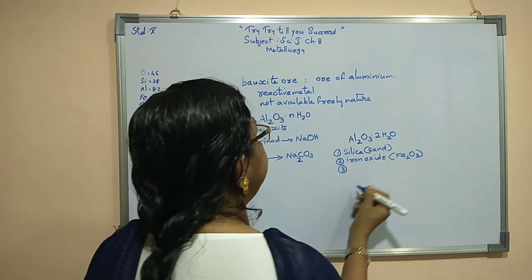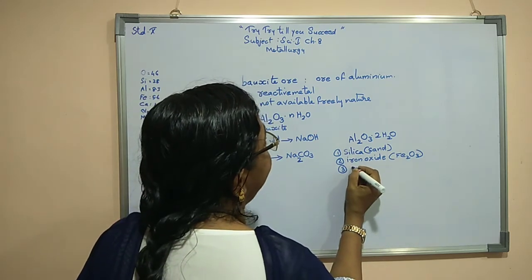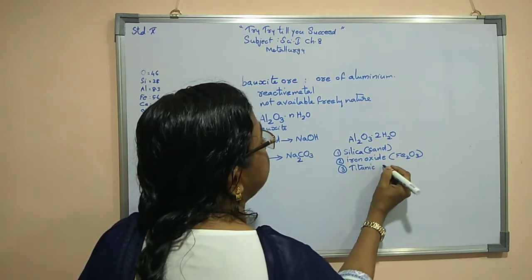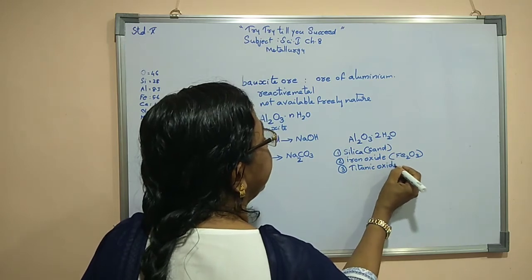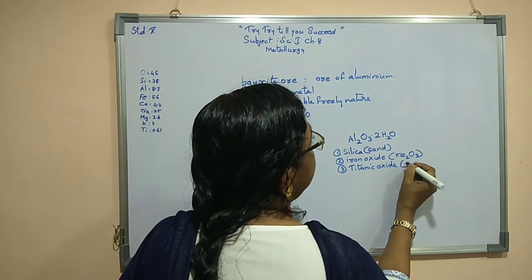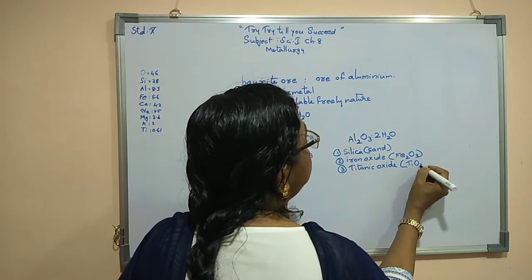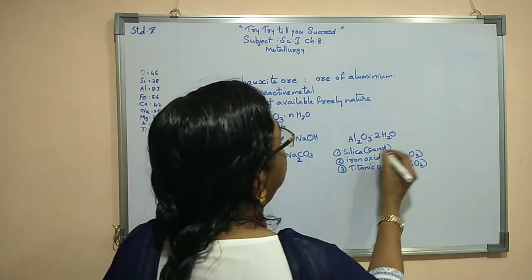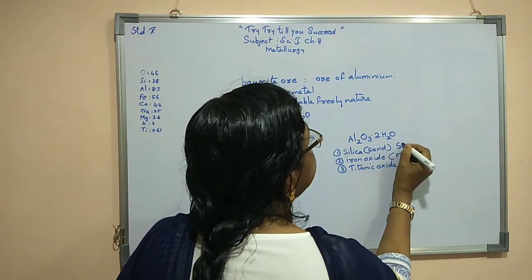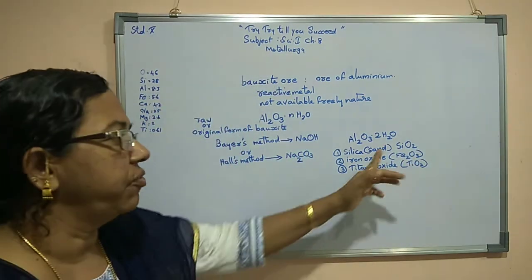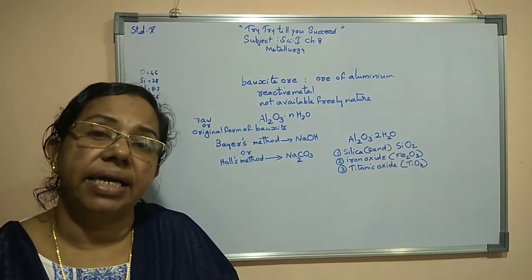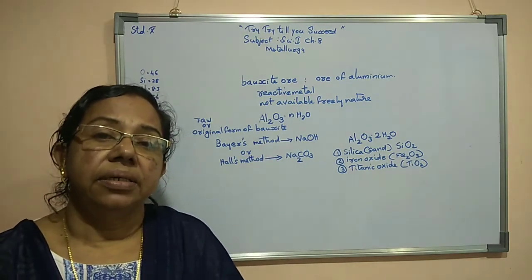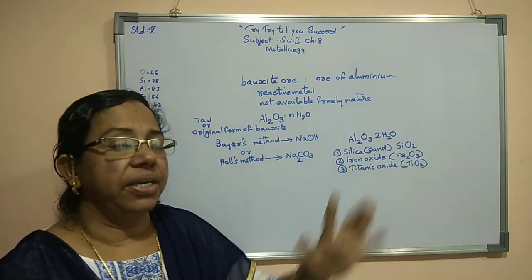Then the third one, titanic oxide, or titanium oxide, its formula TiO2. Now here how they are concentrating this bauxite ore we will study now.